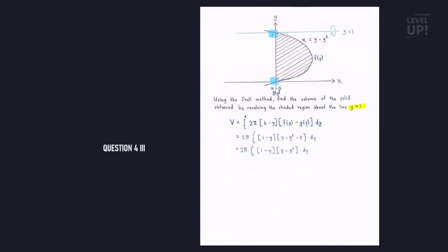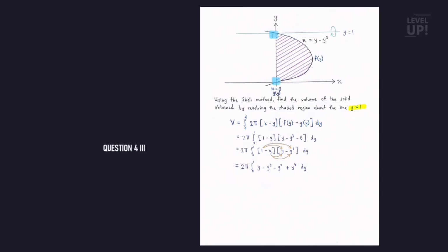Therefore, to start, we can bring out 2 pi because it's just a coefficient, and integrate from 0 to 1, 1 minus y times y minus y cubed minus 0, so we can exclude the 0. The next step is to expand the equation. From the expansion, we'll have y minus y cubed minus y squared plus y to the power of 4.